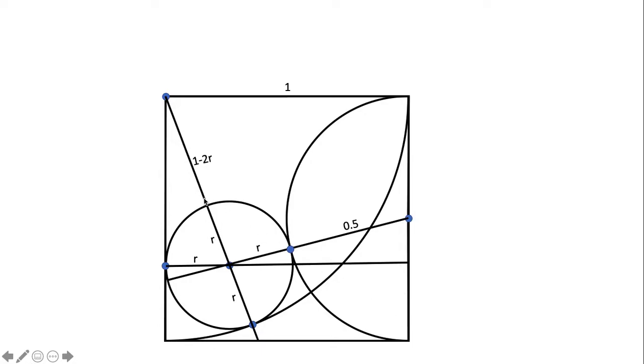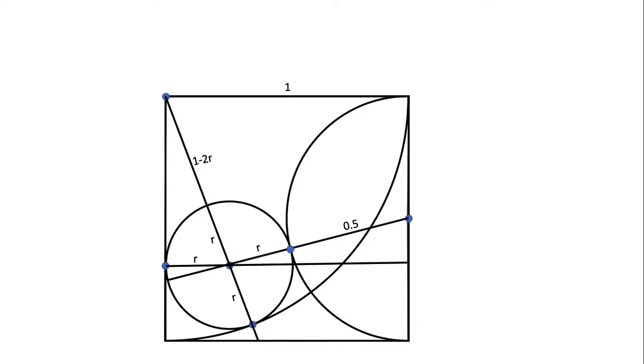And this little bit here is 1 minus 2r because all the way from here where I'm pointing down to here is 1 because it's the radius of the big circle. And then along that line we've got the radius of the small circle twice. So that little stretch there is 1 minus 2r.